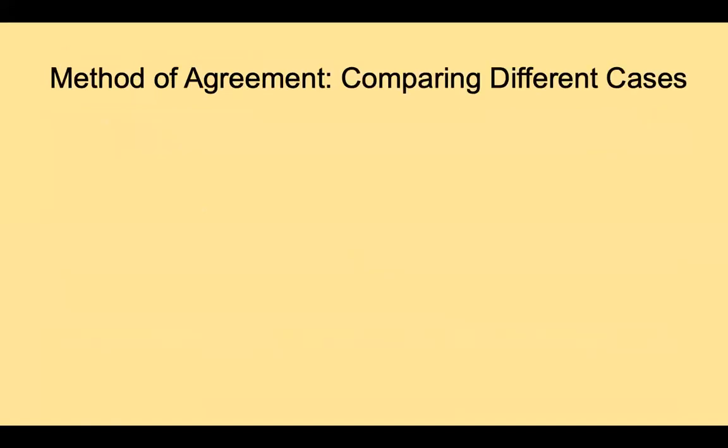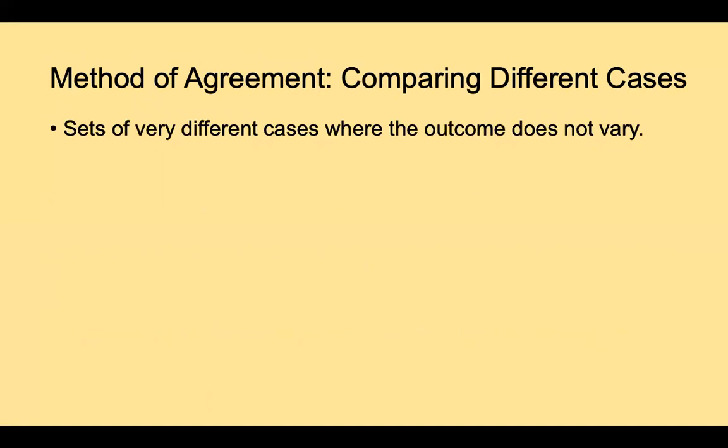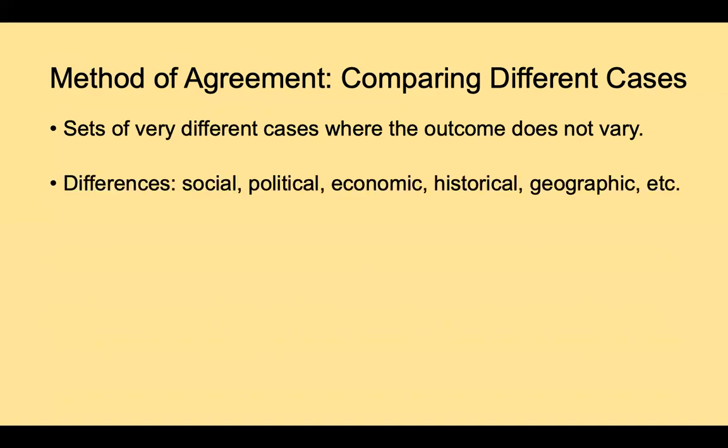So the method of agreement, as you'll recall, involves comparing different cases. We're going to review this briefly so that we're on the same page and remember what we've learned so far. But this will be the first time we've actually used this in practice. When we use the method of agreement, we're comparing sets of very different cases where the outcome does not vary. These are countries that have the same value on the dependent variable, but that differ in terms of their social, political, economic, historical, geographic, and other circumstances.